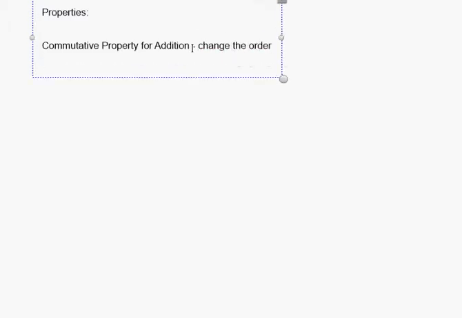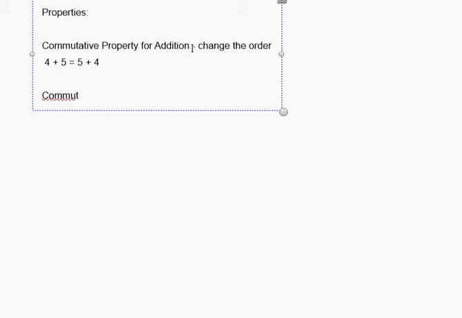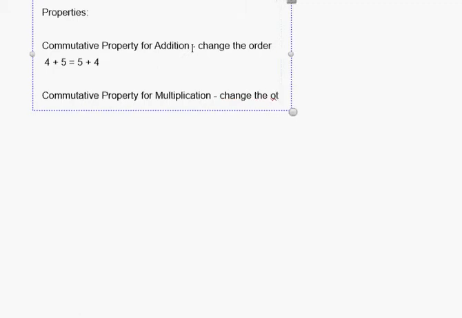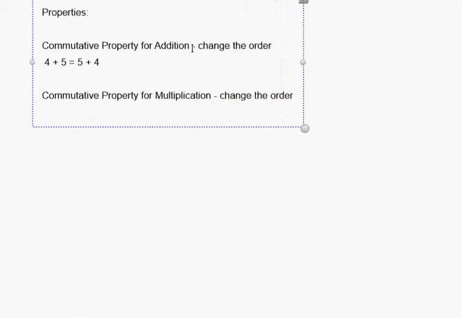So if we have 4 plus 5, that's the same as 5 plus 4. And then we have the commutative property for multiplication. And again, this is where we change the order. So if we have 6 times 2, it's the same as 2 times 6.